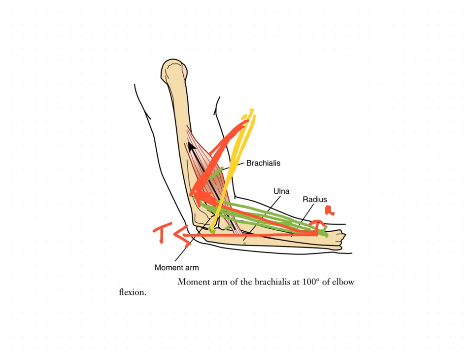That means if the eccentric contraction takes place during extension of the elbow joint, in that condition only the brachioradialis muscle activity is going to change.